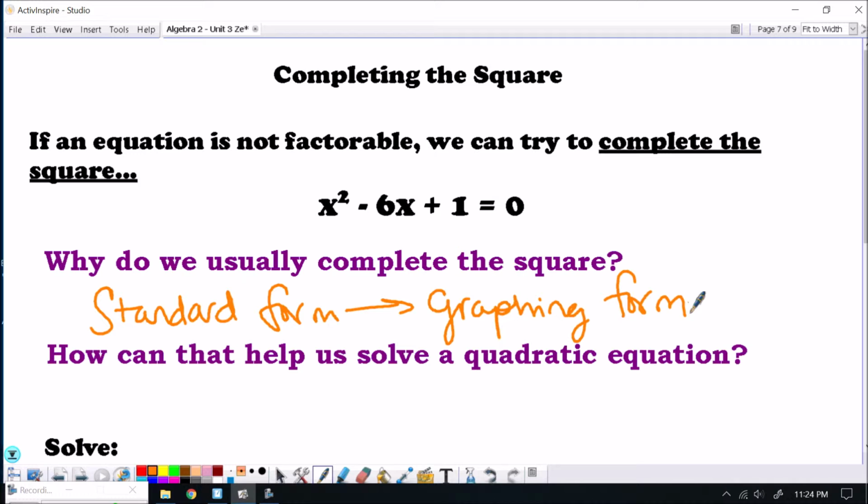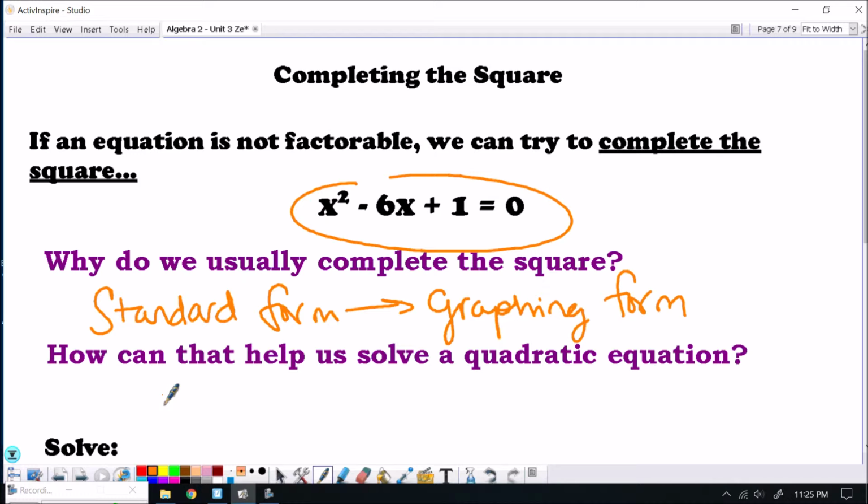But in this case, our focus for Unit 3 is about solving. So if I have something in standard form, we can use completing the square to solve by putting it into graphing form first and then undoing and solving algebraically.